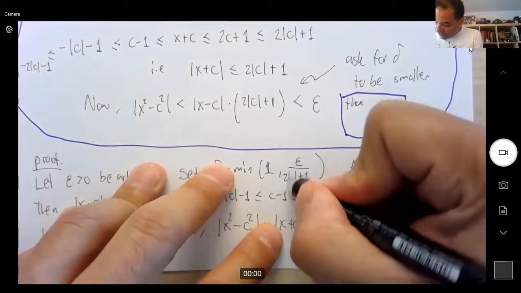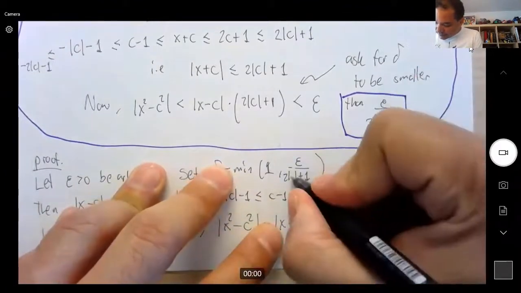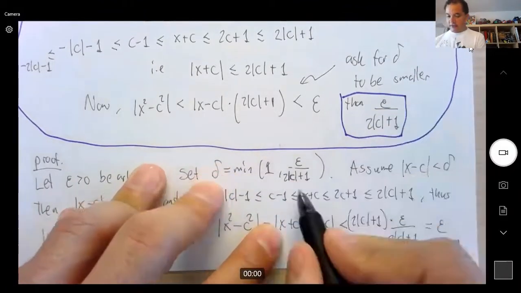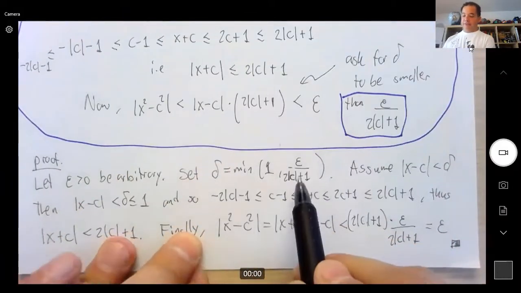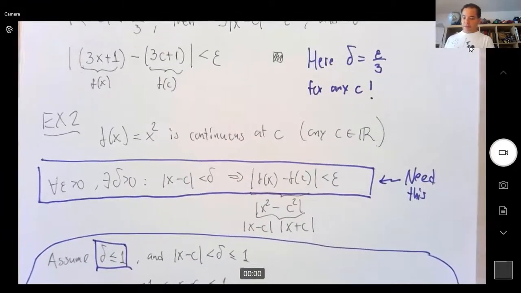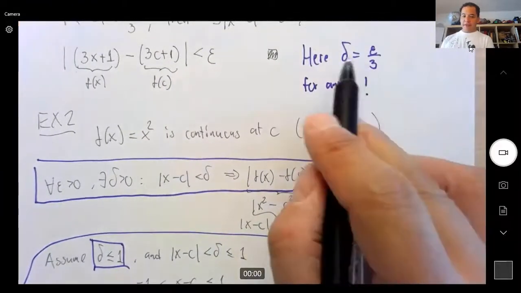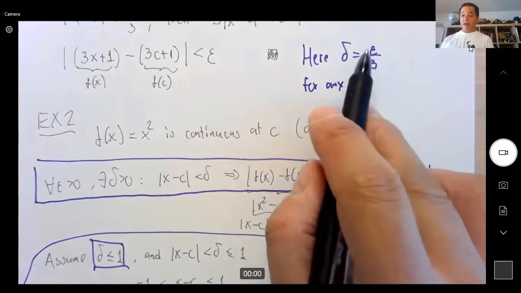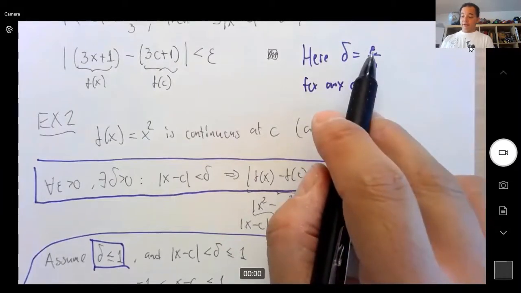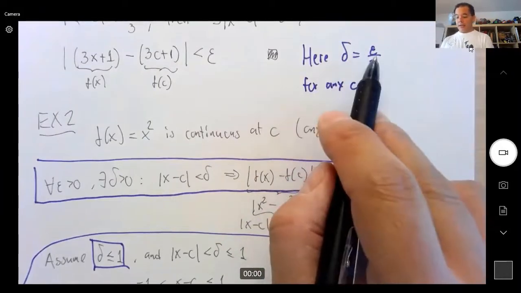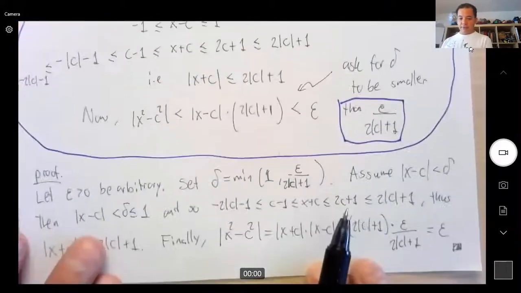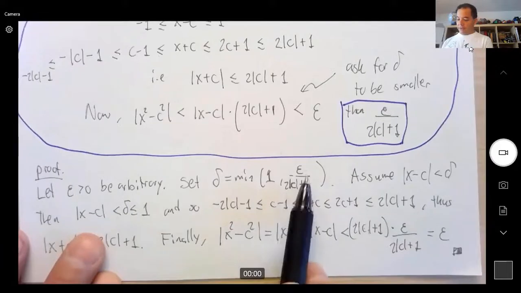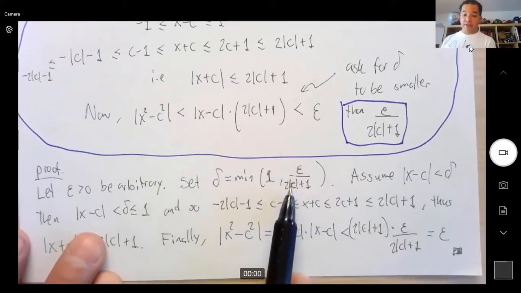And the important thing to note is that now my delta depends on c, right? This delta depends on epsilon and on c. On the previous problem, right here, this delta only depended on epsilon, right? Delta only on epsilon and the number 3, but that's just a constant. Over here, delta depends on epsilon and on c.